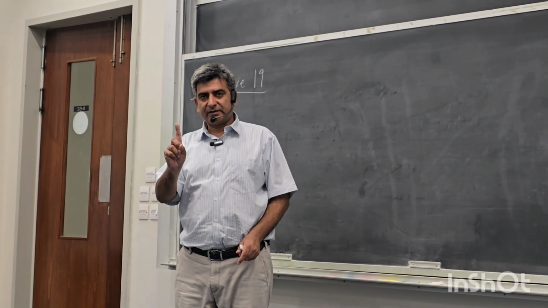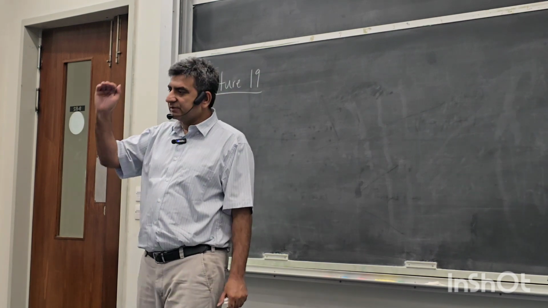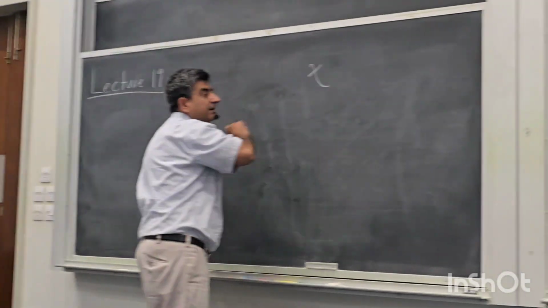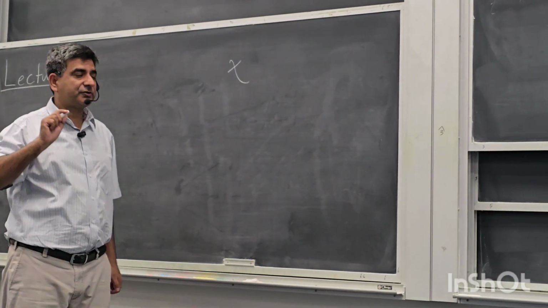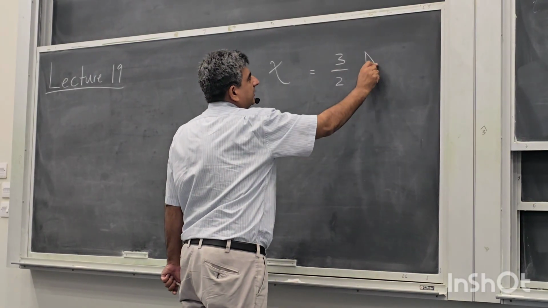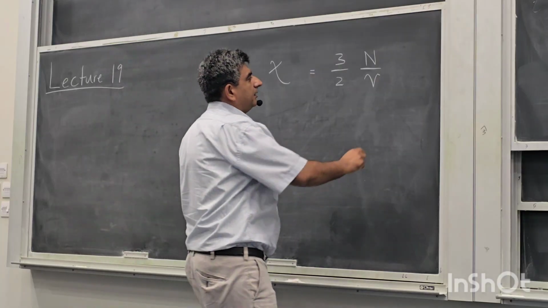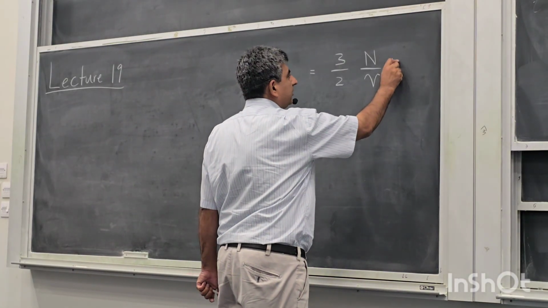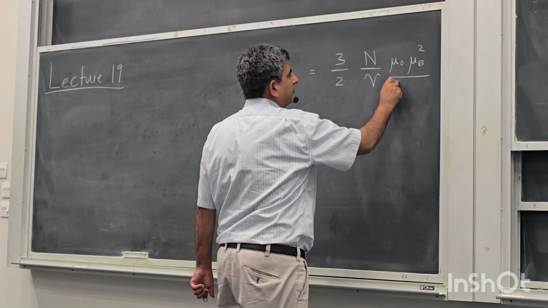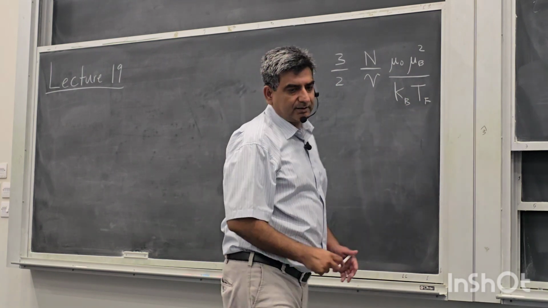We've already seen one aspect, and that aspect is Pauli paramagnetism. Because the electrons lie at the Fermi level, there is a paramagnetic susceptibility associated with those electrons, and that would be given by 3/2 the number of electrons per unit volume, mu naught mu B squared over k_B T_F, if I am not mistaken.